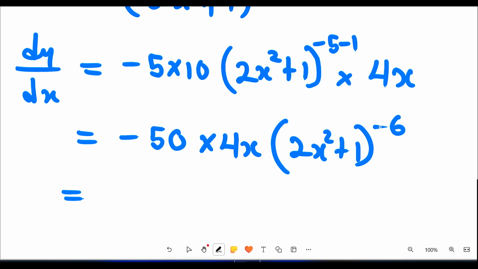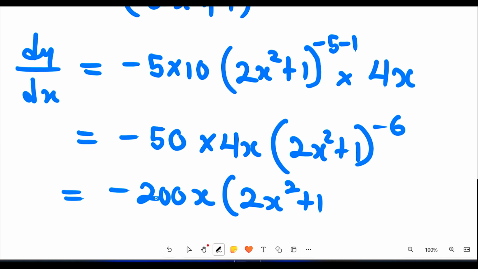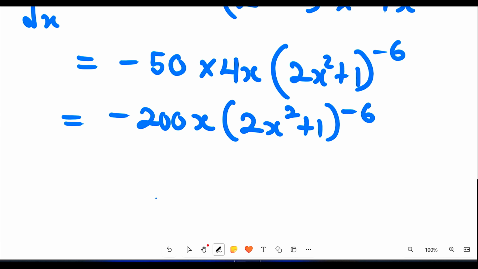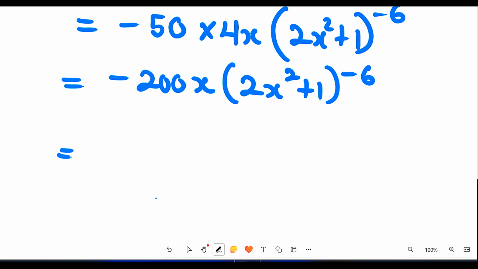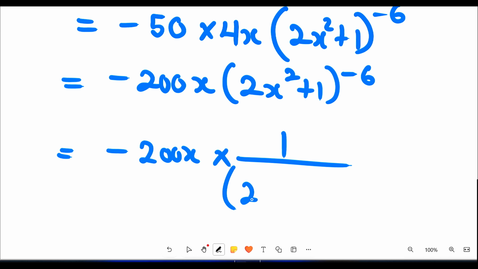Now we have negative 50 times 4x. So we are going to get negative 200x multiplying (2x squared plus 1) raised to the power negative 6. All right. So we'll be having it in the form negative 200x multiplying 1 out of (2x squared plus 1).